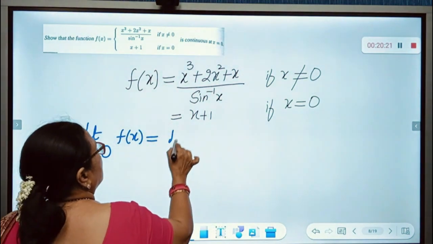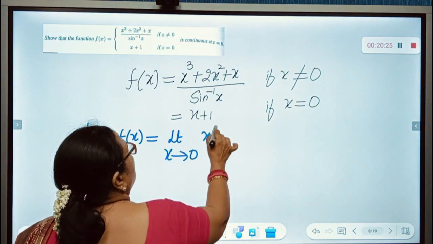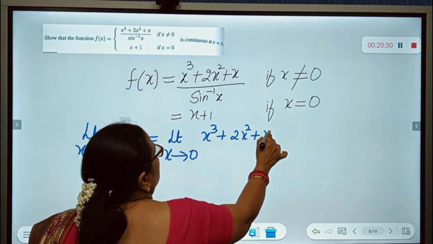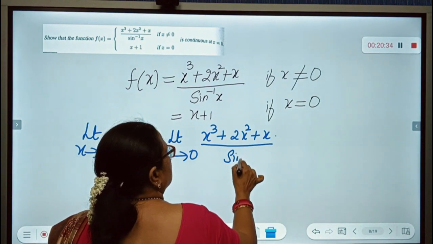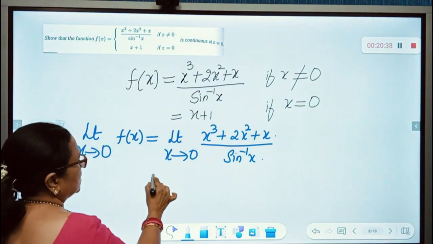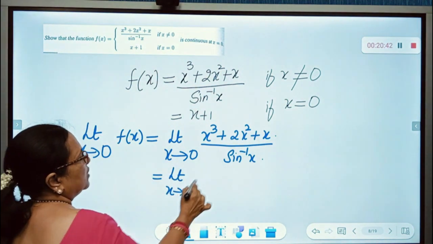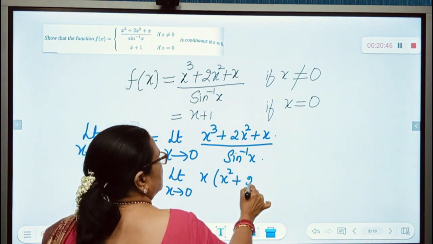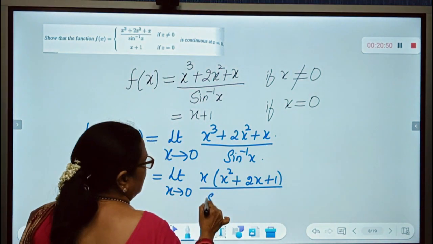So this is the limit as x tends to 0 of (x cube plus 2x square plus x) by sine inverse x. Now this is the limit as x tends to 0 of x into (x square plus 2x plus 1) by sine inverse x.